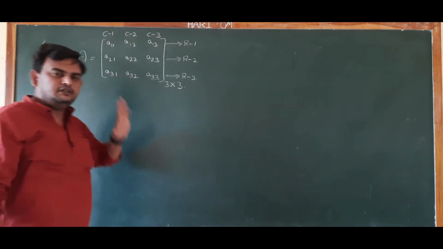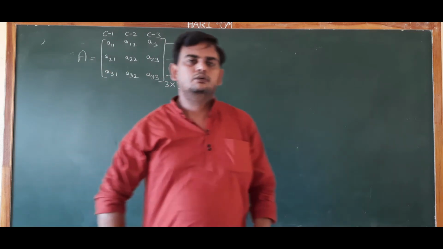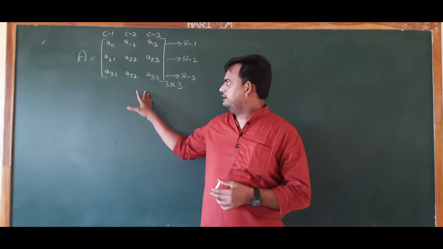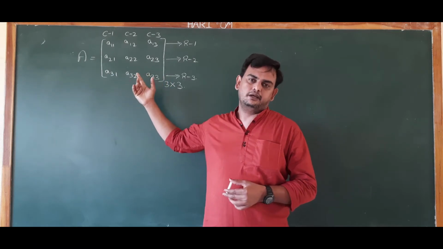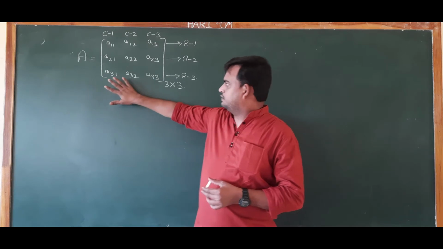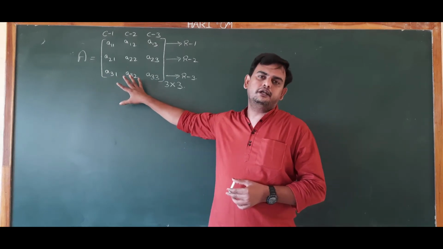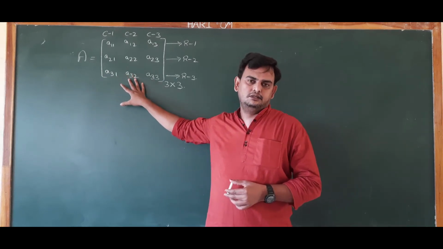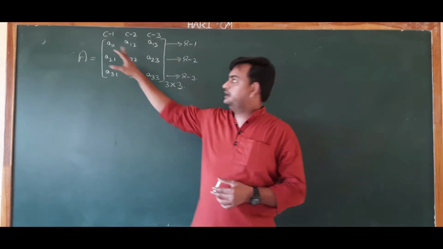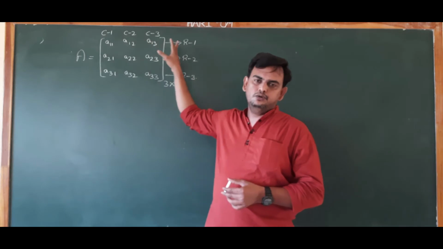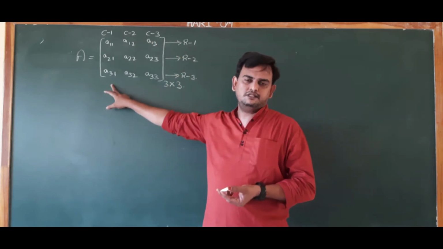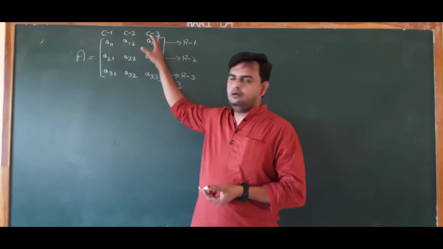To find the determinant of a 3 by 3 square matrix, we need to go for expansion. In what way are we going to expand it? For this 3 by 3 square matrix, we can find the determinant in 6 ways. We have 3 rows and 3 columns. Using any row, we can find the determinant of matrix A, and using any column also.